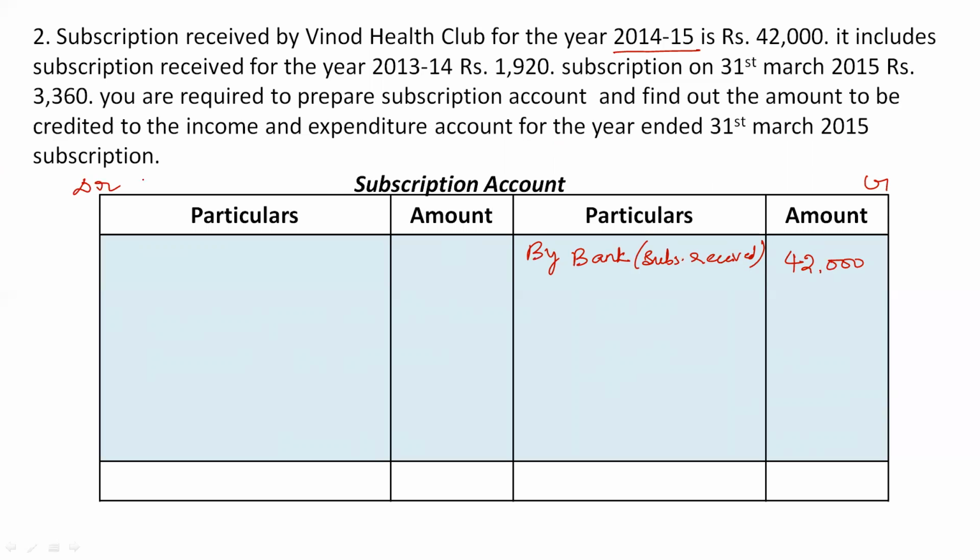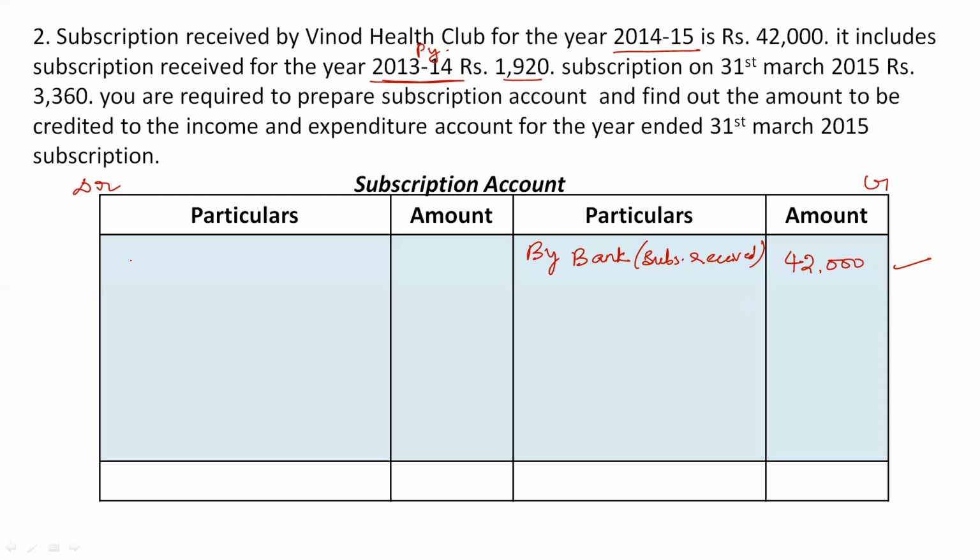Then it includes subscription received during the year 2013-14 rupees 1,920. As I told, 2013-14 will be our previous year. This 42,000 rupees includes 1,920 rupees which is related to the previous year. So definitely we need to deduct it from the amount received as subscription.